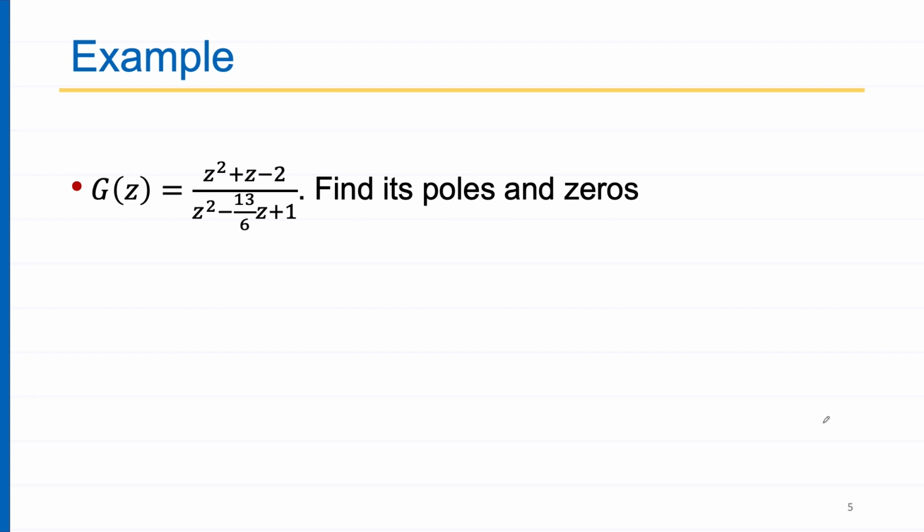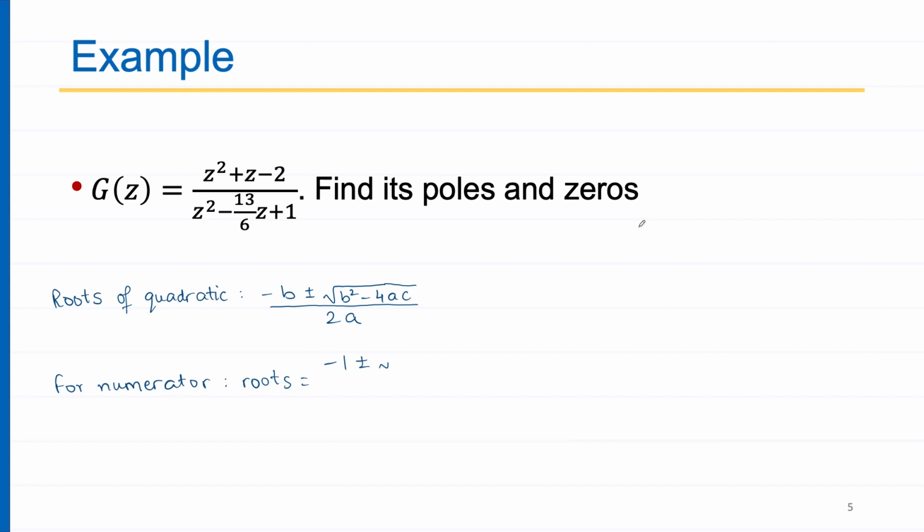Let's take an example to get a more clear understanding of this concept. Let us take a rational G(z), which is simply this form. Now find its poles and zeros. Very easy, roots of any quadratic equation. You see both the numerator and denominator are quadratic equations, and you know the roots are given by this formula. For the numerator, the two roots come out to be 1 and minus 2.